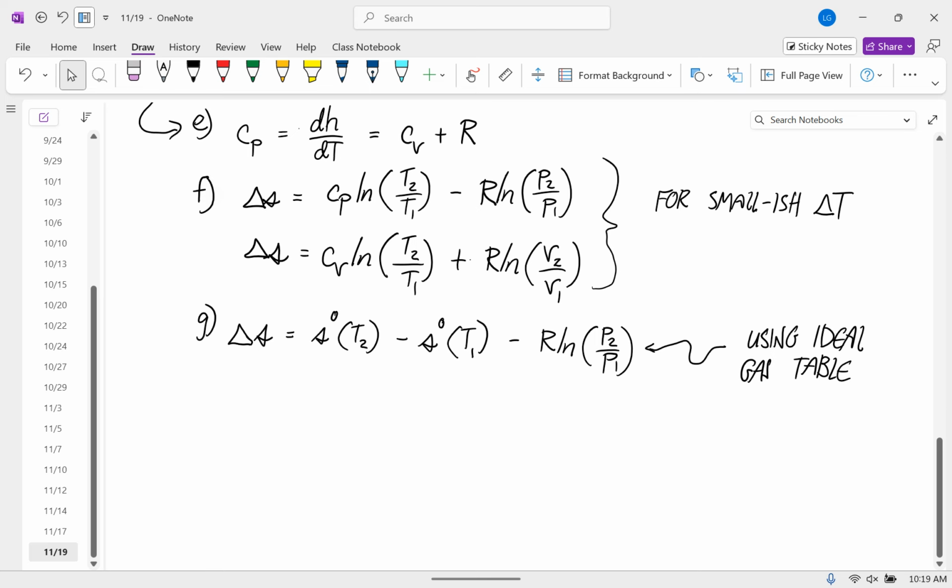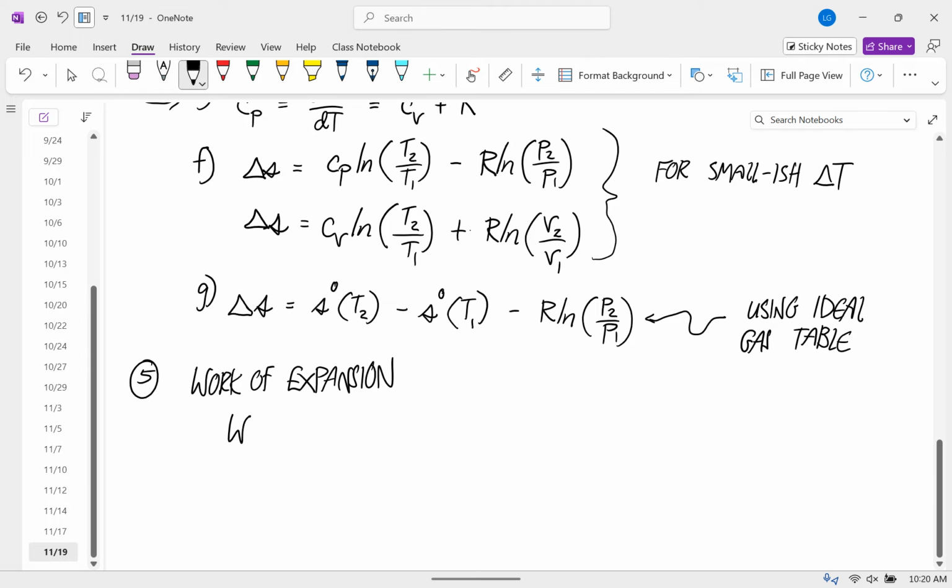Okay, so number 5, now we're out of ideal gases, is the work of expansion. This has been useful in problems from the start of the class, basically. W is equal to the integral from volume 1 to volume 2 of P dV.